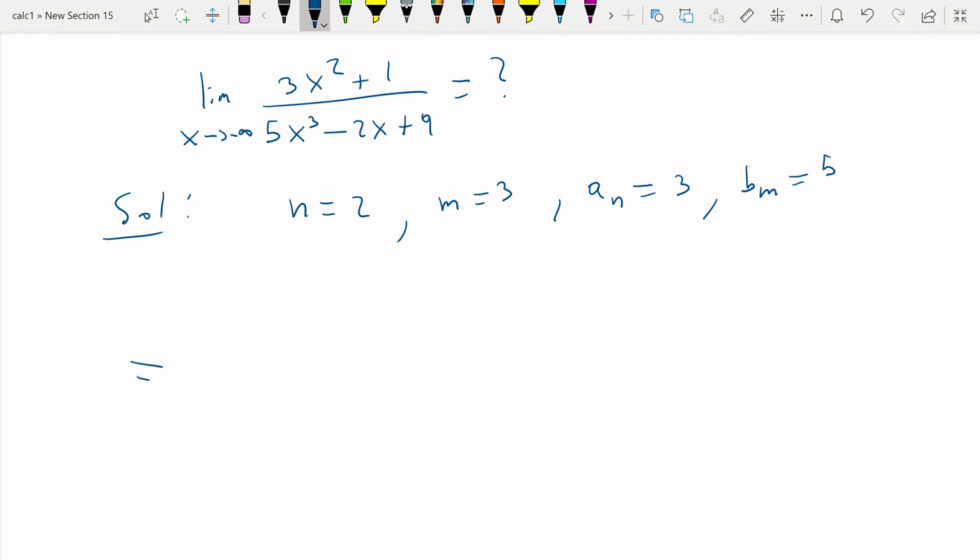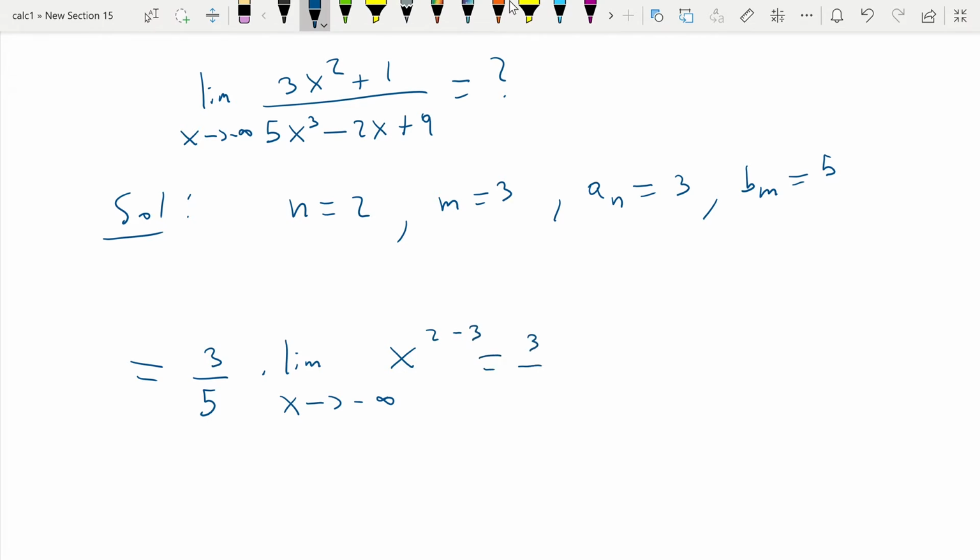So this limit is going to be equal to 3 over 5 times the limit as x approaches minus infinity of x to the n, which is 2, minus m, which is 3.